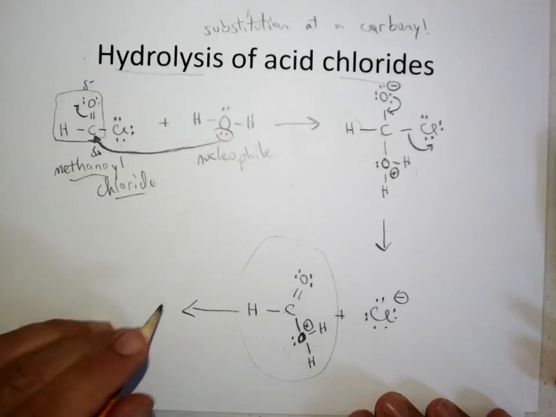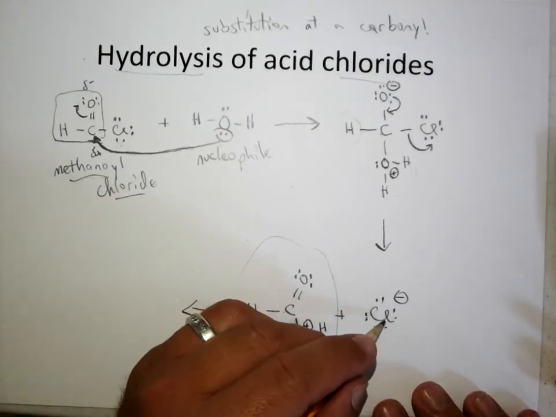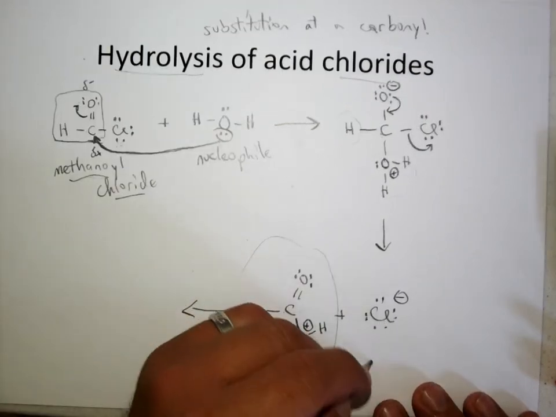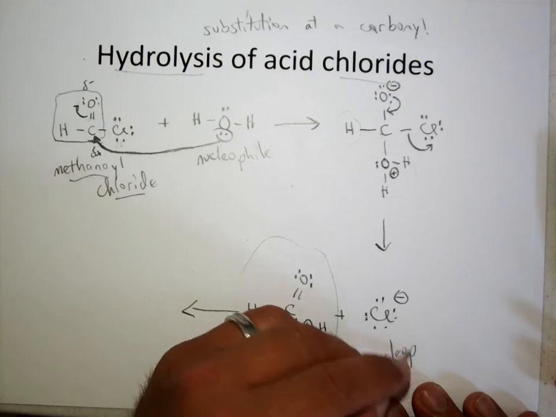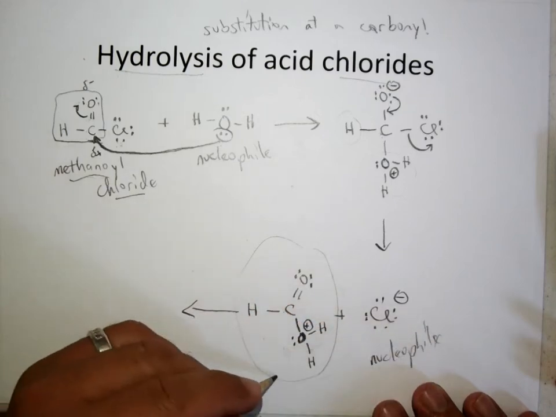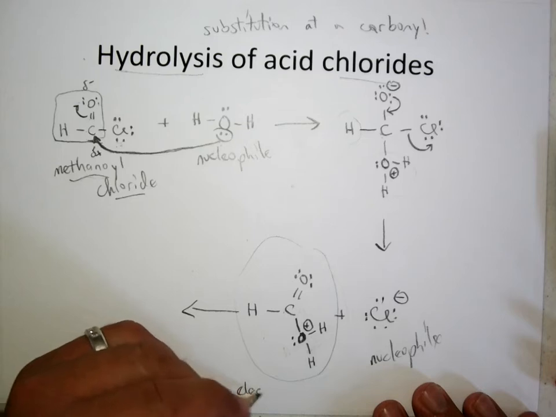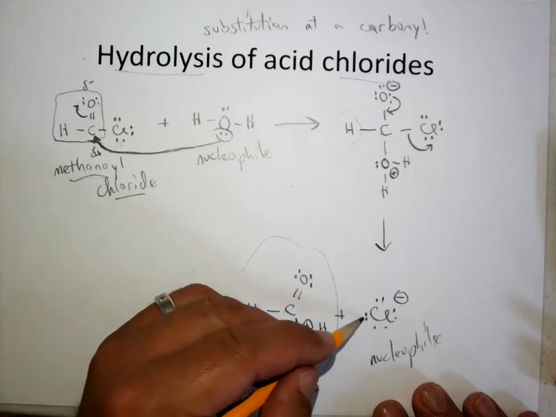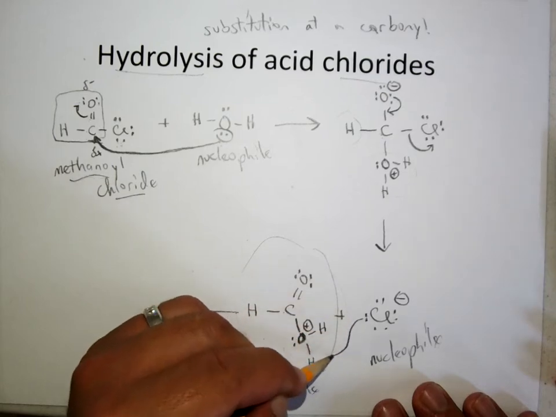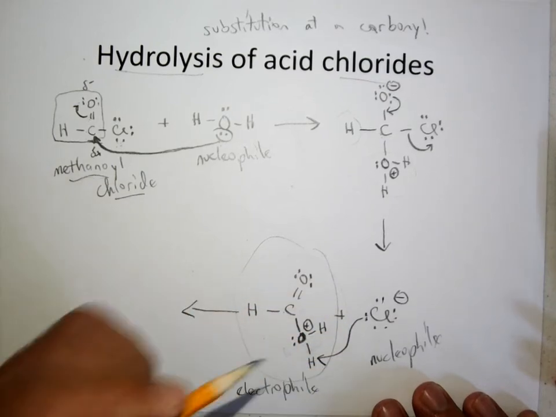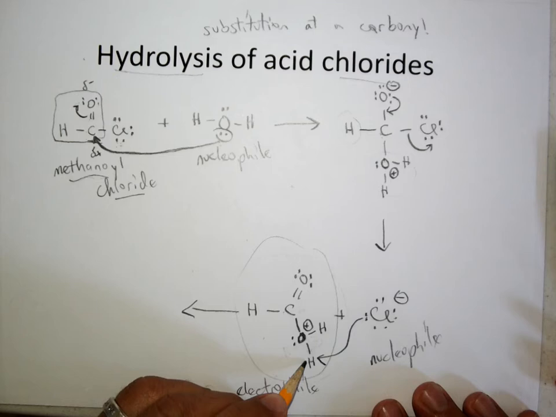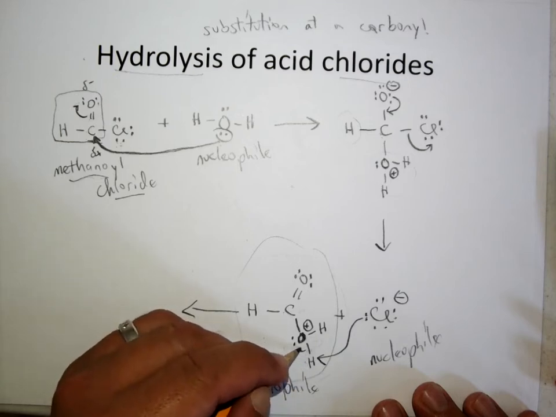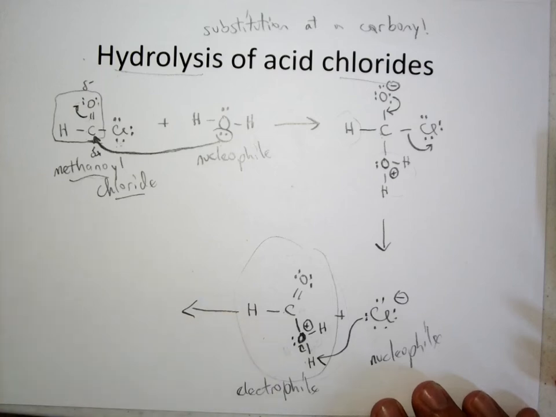So our next step is the chloride is going to become a nucleophile. This protonated acid is the electrophile. And the lone pair on the nucleophile is going to deprotonate this compound, or this ion. And then this bonded pair is going to become a lone pair.